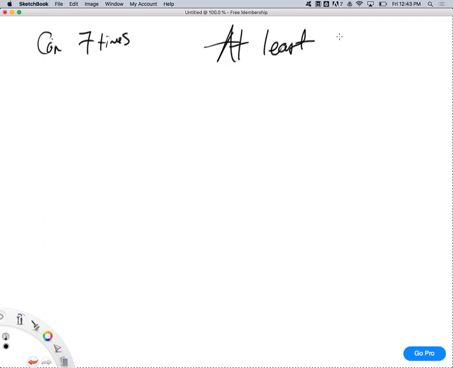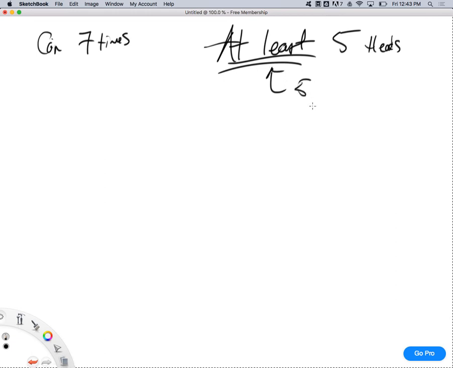Now, same deal. You flip a coin, except you flip a coin 7 times. What's the probability that you get at least 5 heads? And I underline that because at least 5 means 5, 6, and 7. Those are all possibilities I'm interested in. And in this case, remember I have to add up the possibilities for all of those.